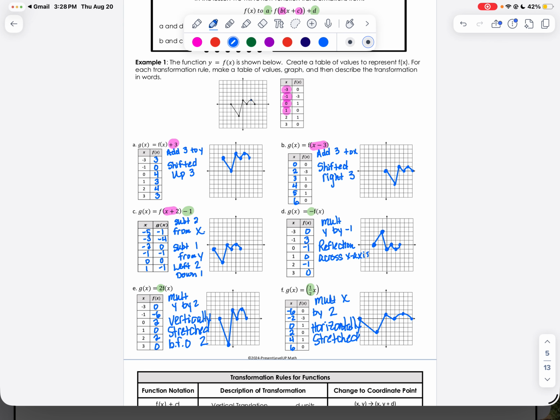It horizontally stretched them by a factor of 2. All right. That one's a little weird, and it'll just take time to get used to it. But we'll be studying these transformations on different types of functions all throughout the year. So by the end of the year, it'll make a lot more sense for you.